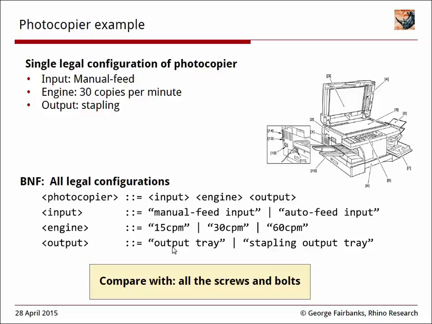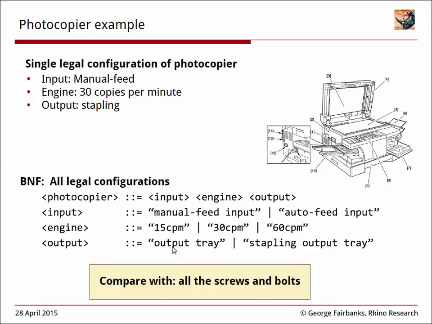So what do I mean by intellectual control? Here's an example of something I would consider that I have intellectual control over. Imagine you've got a photocopier, and you can have a couple different variants of the photocopier. It can have, say, a manual feed or an automatic feed as an input. It can have different kinds of engines for how fast it's going to make photocopies, and it may have different kinds of outputs. One's a standard tray, another one's a tray that'll staple the output, okay?